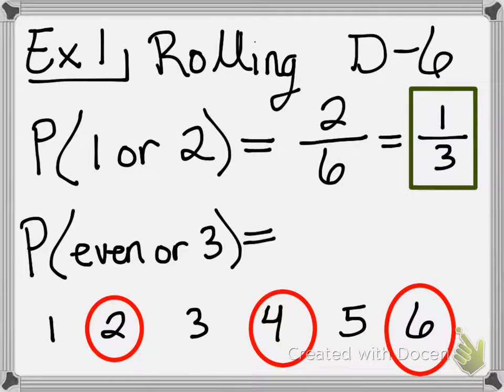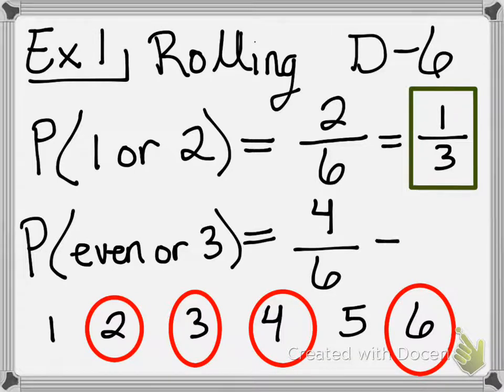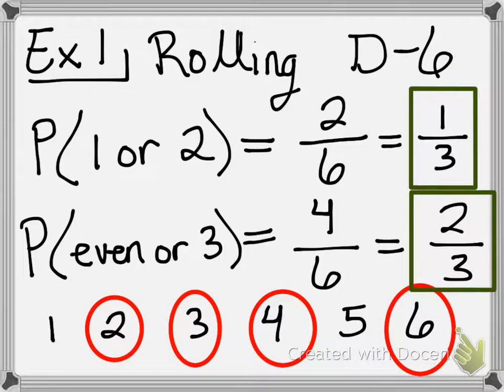Event B occurring is us rolling a 3. So that means there are 4 of those options that satisfy the question, and there are 6 possible outcomes. Make sure you simplify your fraction. And you can either write it as the decimal or the percentage. If you choose the percentage, make sure you have that percent sign. If not, it is going to be wrong.